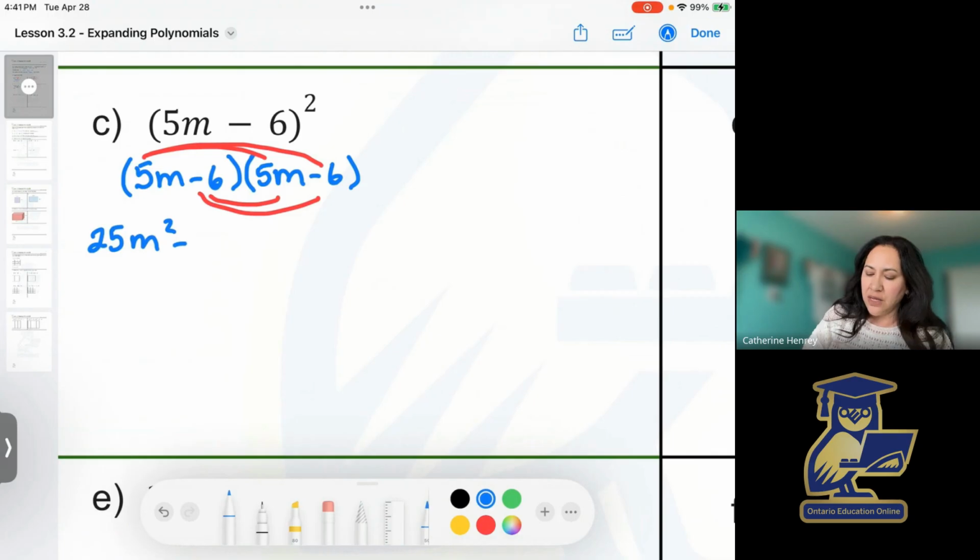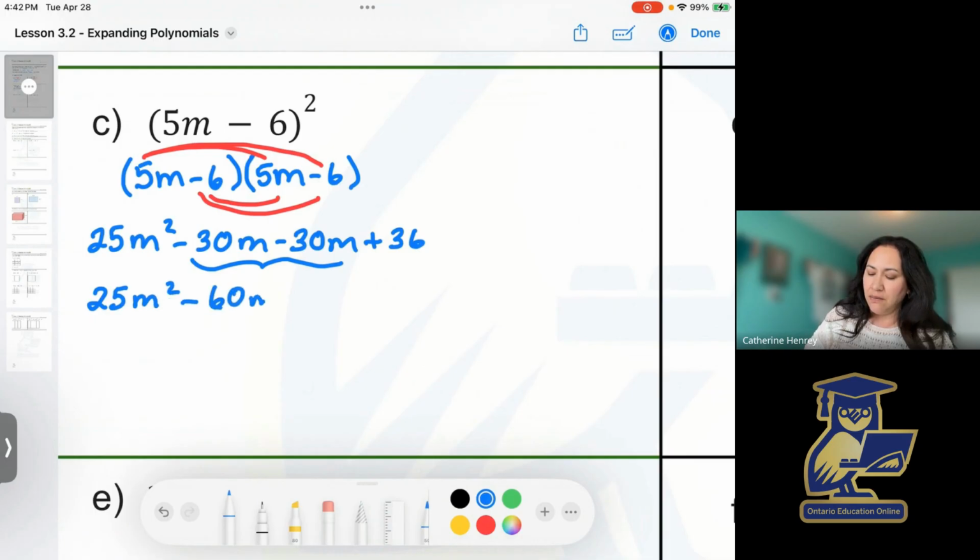And 5m times negative 6 is negative 30m. Negative 6 times 5m is negative 30m. And negative 6 times negative 6 is positive 36. Our middle terms are similar, but they're not opposite here. So we have 25m squared minus 60m plus 36.